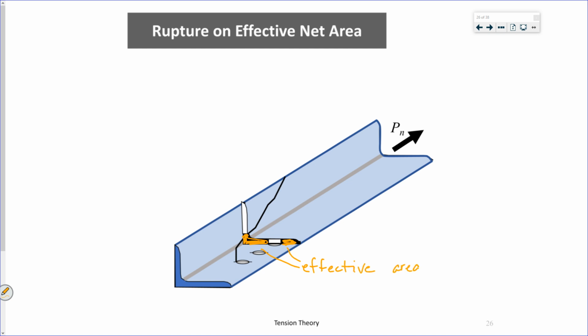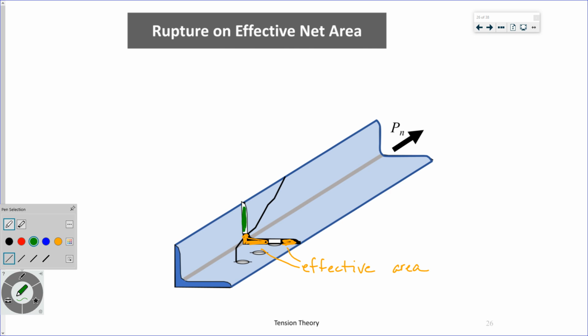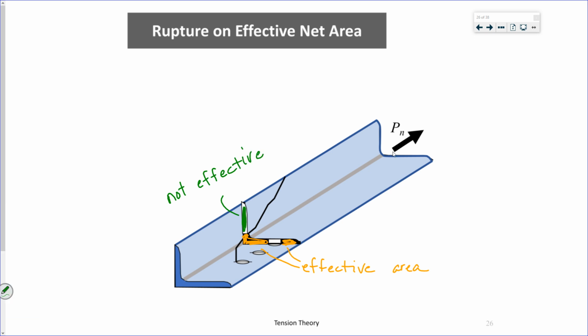Is effective. This little section right here is not doing anything. It's just hanging out, being a lazy bum. And the reason it's not effective is due to shear lag.